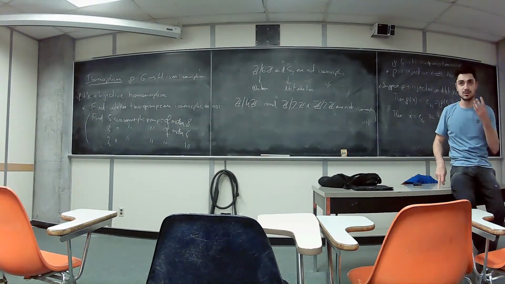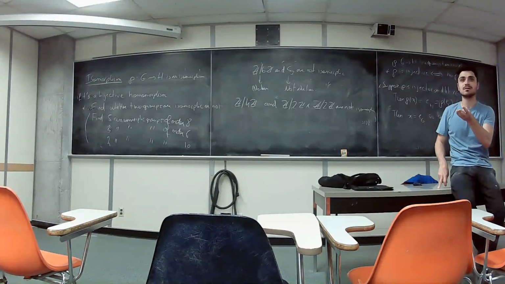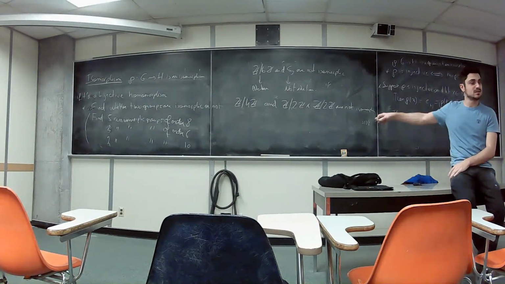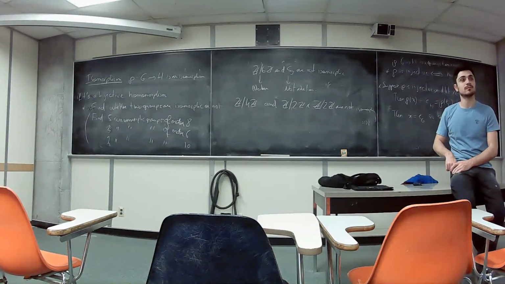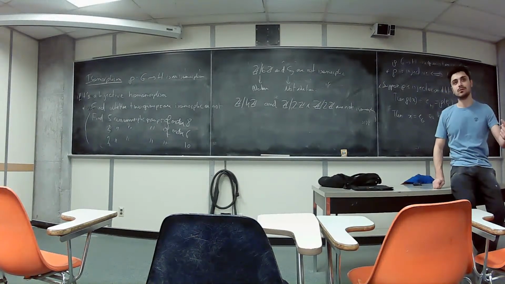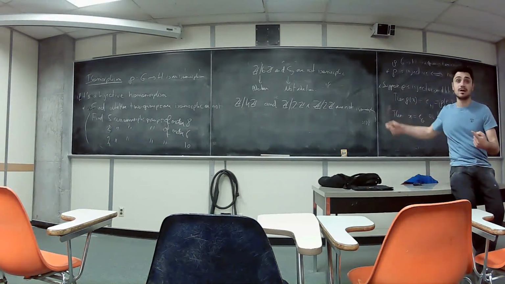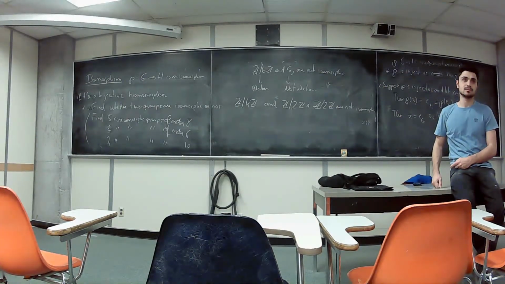The highest order is 4, right? 1 has order 4. In Z mod 2 cross Z mod 2, what's the highest order you can find? 2. Exactly. So they're not isomorphic, since you have an element of order 4 in one, and in the other you don't.